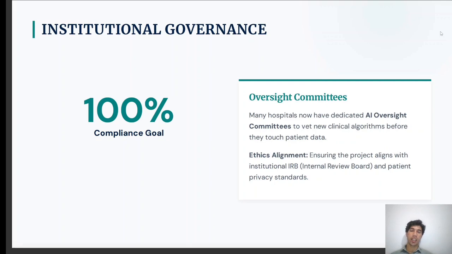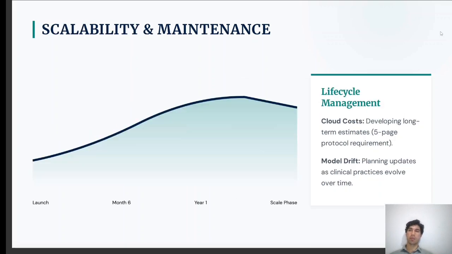And then there is the ethical alignment, ensuring that our project aligns with institutional IRB and patient privacy standards and that it is not discriminatory against certain groups, etc. So these are also very important factors that our project needs to comply with.